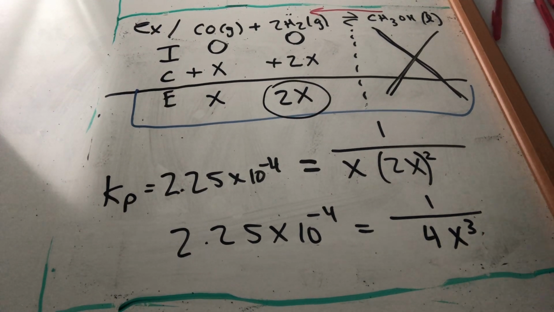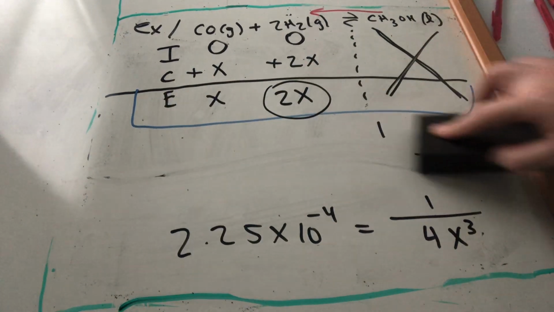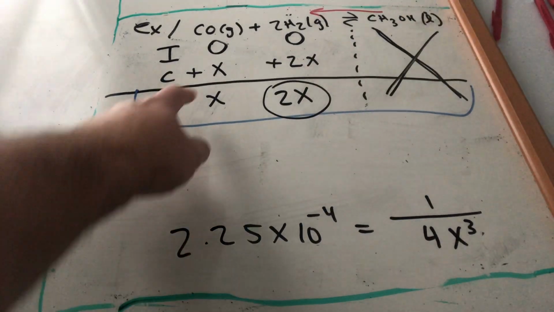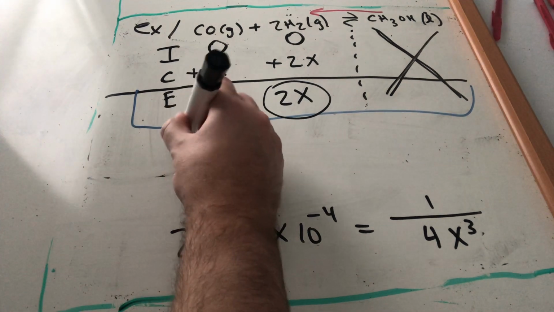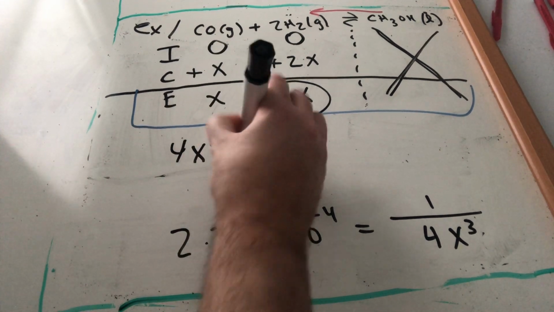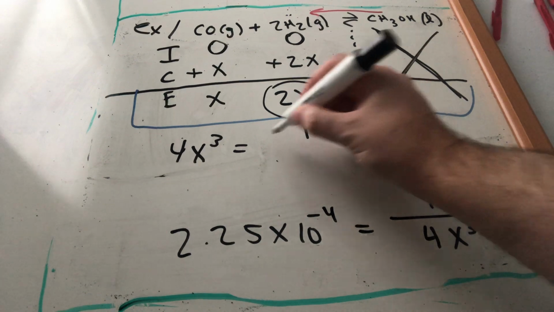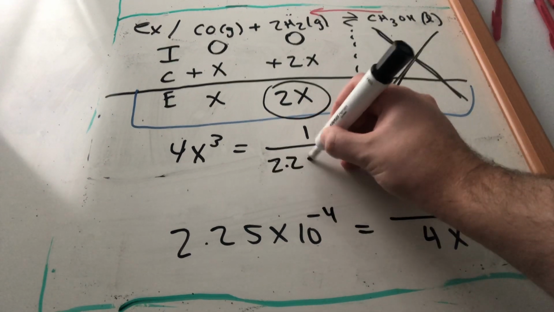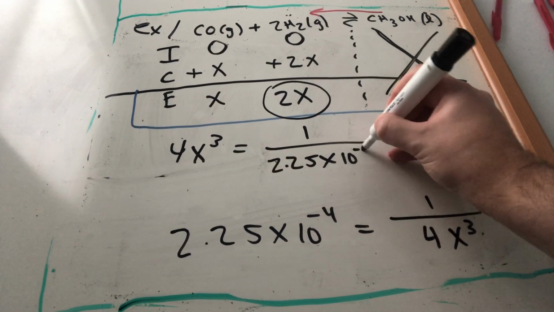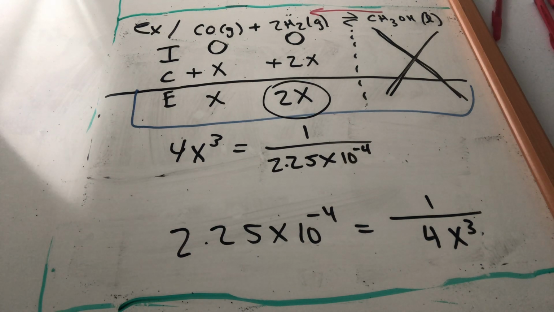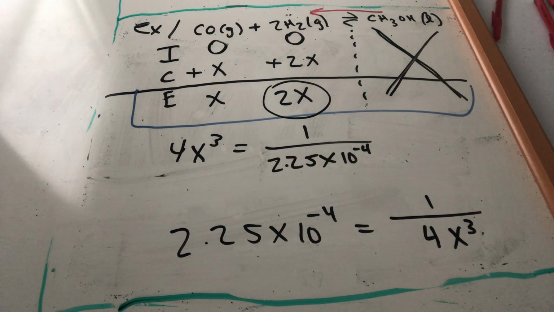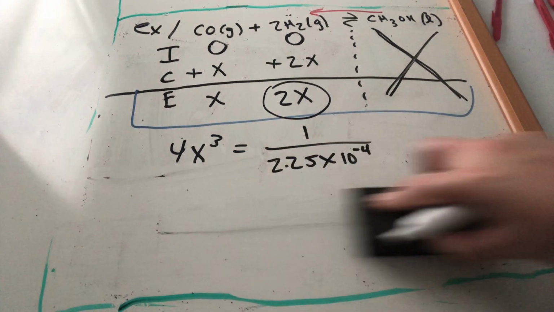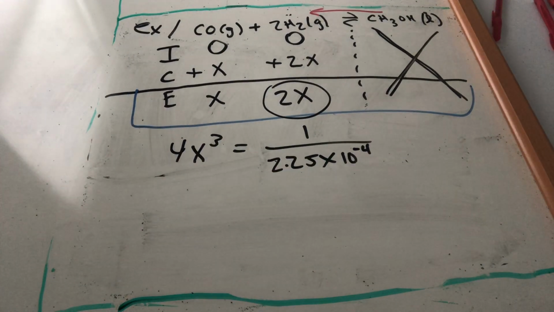Now algebraically, let's do a little bit of a rearrangement, because as soon as I solve for x, I know what these values are. So this looks like 4x cubed is equal to 1 over 2.25 times 10 to the minus 4. Just remember your algebra involving fractions. I multiplied this to this side and brought this over here in the denominator. You should be able to solve this.